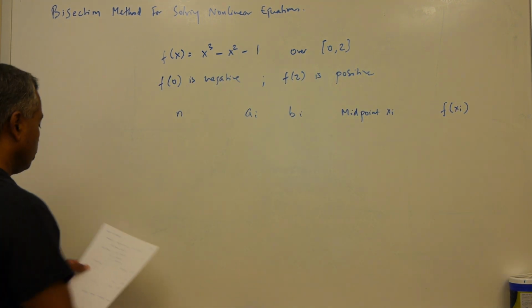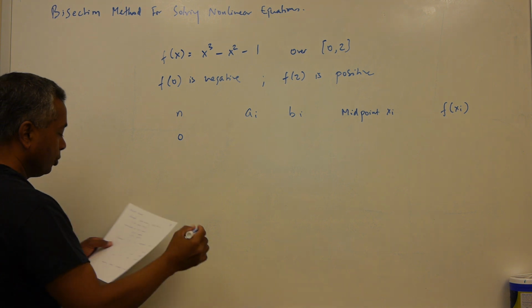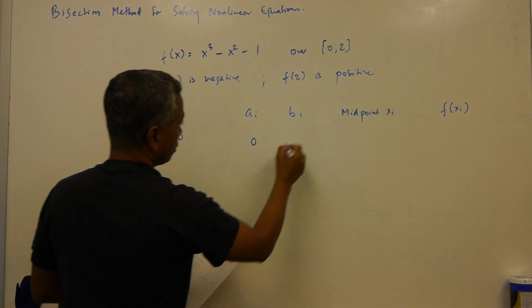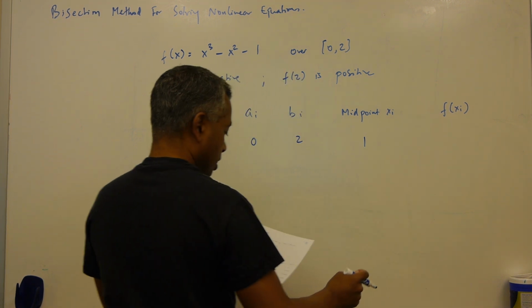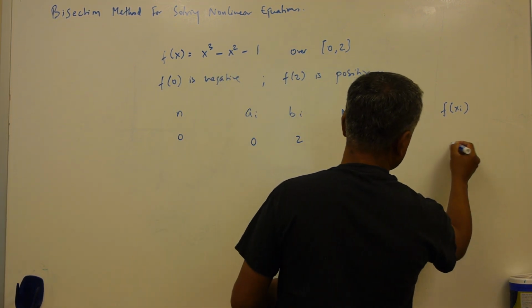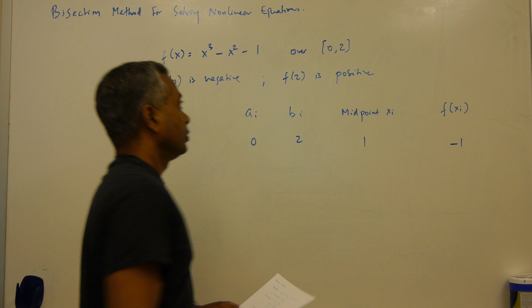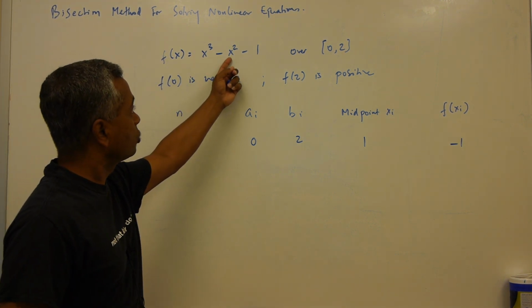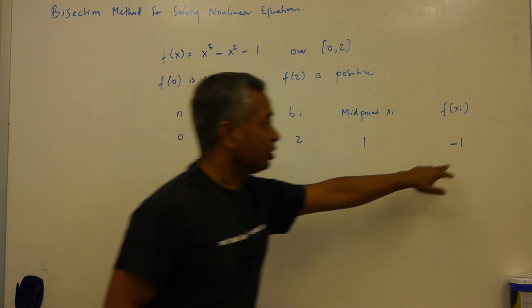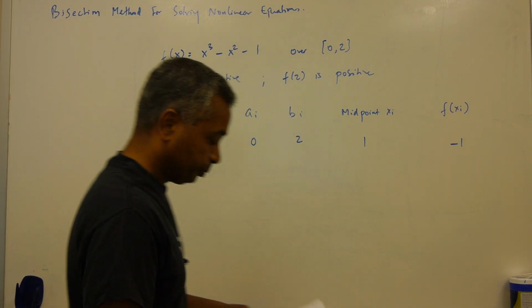Okay, so at iteration number 0, these values are 0, 2. Of course, the midpoint is 1, and the function at midpoint is -1. So the function value here is simply -1.